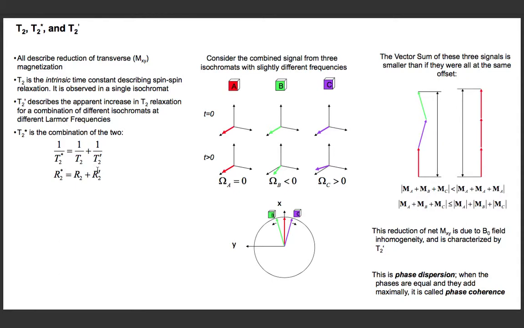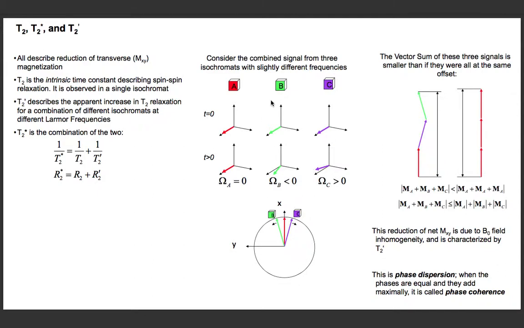A good way to visualize this is, I'm going to give you an example of one way I like to visualize it. So imagine this is a 3 isochromat case to help visualize what's going on. We have sample A, B, and C, and let's say they're close enough together in space that everything's essentially the same, but they have slightly different frequencies. In this example, B has a negative frequency and C has a little bit of a positive frequency.